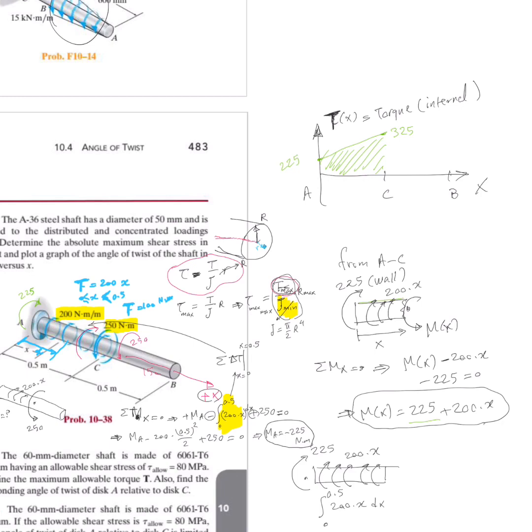Okay, and this value is negative. And then I have a 250 this way, and when I cut it here, there is going to be also mx this way.